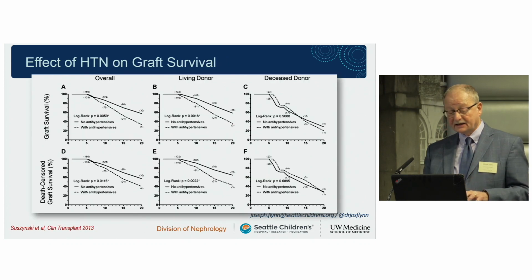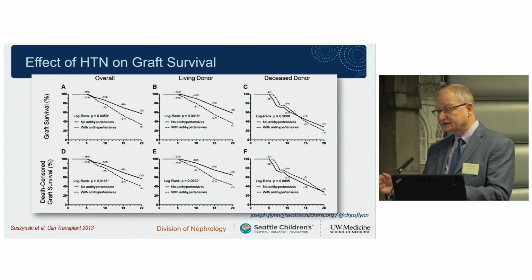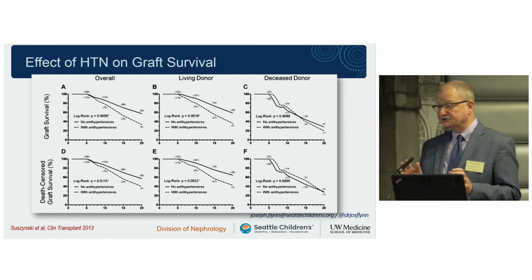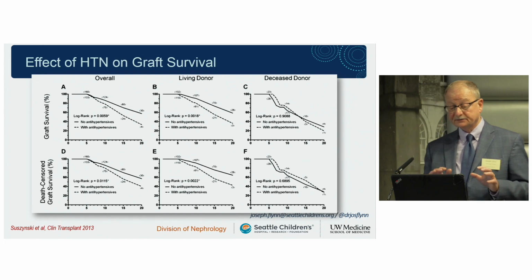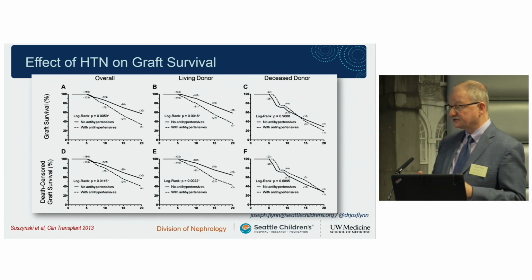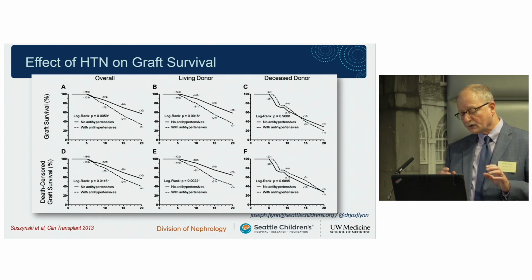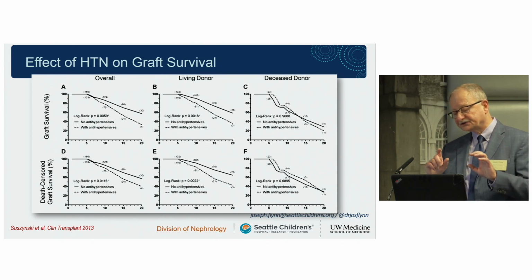And then this is a fast forward to only 10 years ago. This is a study from the University of Minnesota, where they did sort of the same thing. Actually, what they looked at was antihypertensive medication treatment.